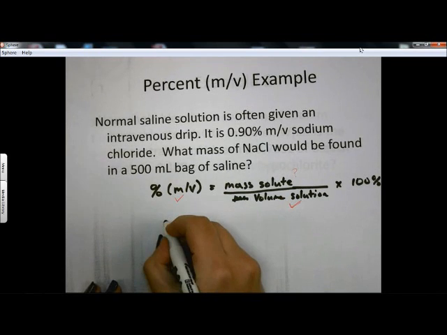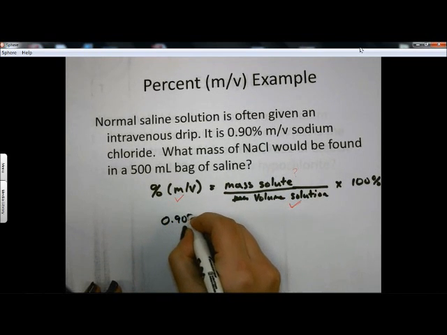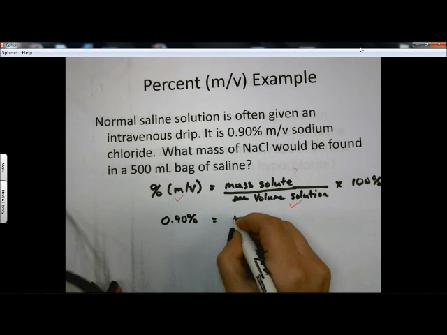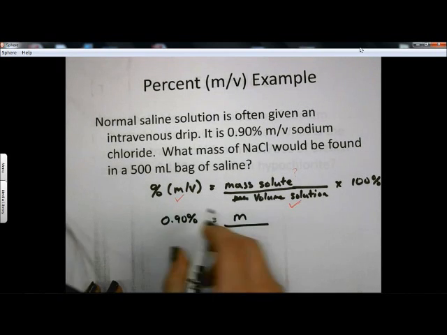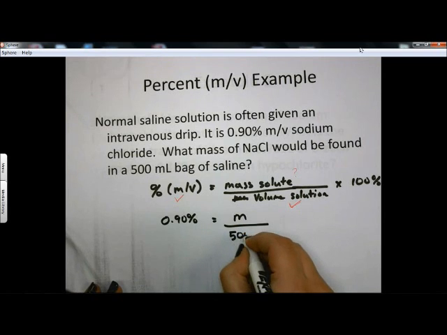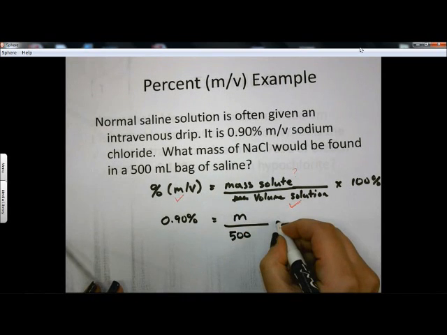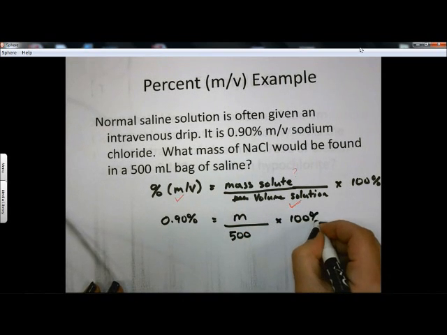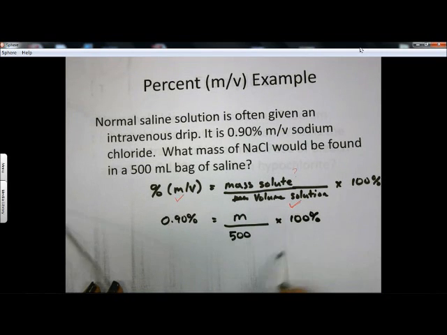All right, well, let's plug in numbers. I have 0.90% equals, let's just go with m for my mass, divided by 500. It's already in milliliters, and that's the unit I want, and I times by 100%. So what I'm going to do is I'm going to move the 100 onto this side so I can get rid of it. I'm trying to get mass by itself.